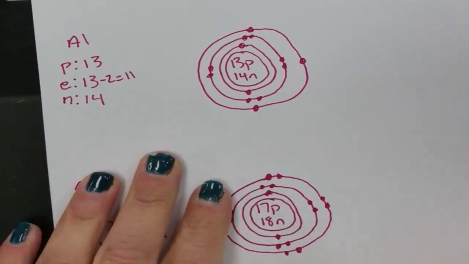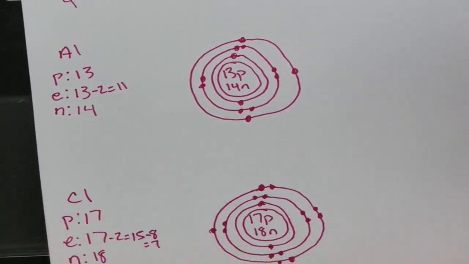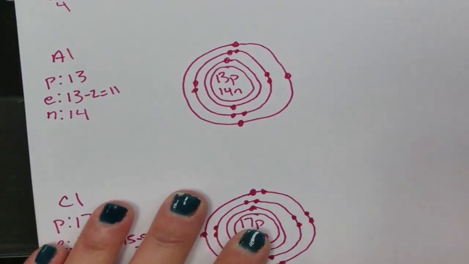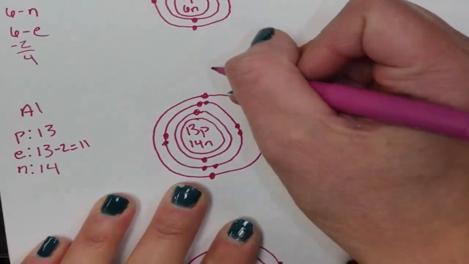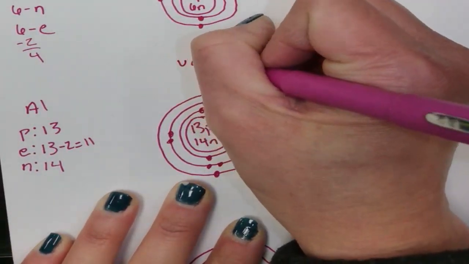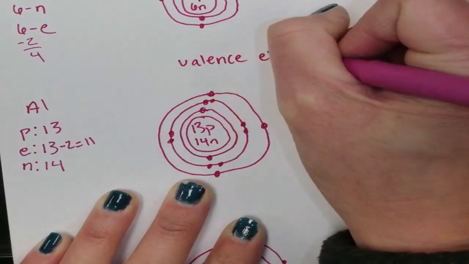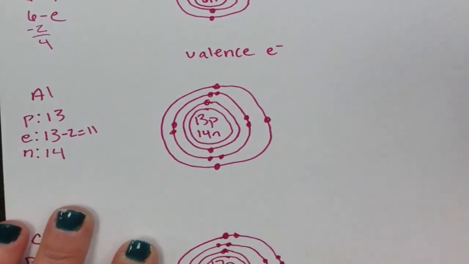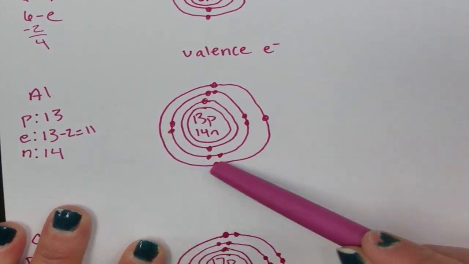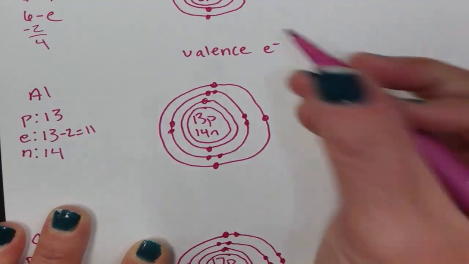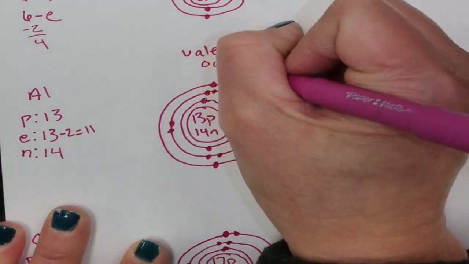In order to do this, we need to know a term, and the term is valence electrons. Valence electrons are the electrons on the outer ring of the Bohr model. So valence electrons are the outermost electrons.